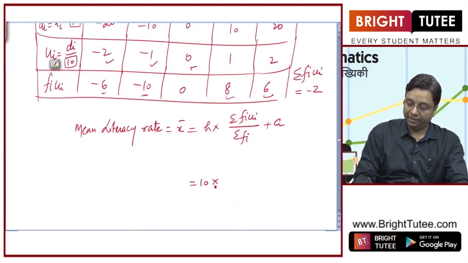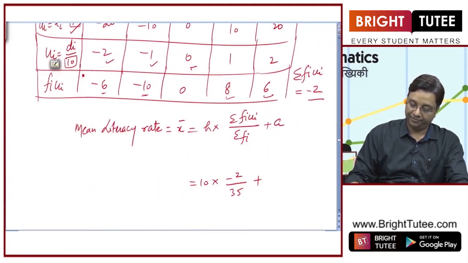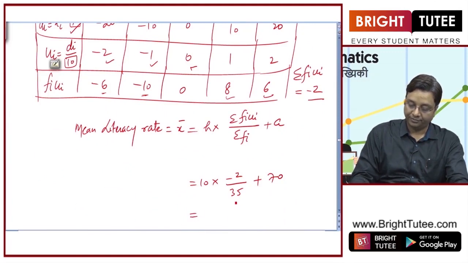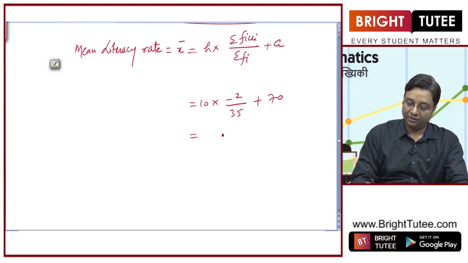So 10 into minus 2 divided by 35 plus 70, right? So this is 5 2s are 10, 7s are minus 4 by 7 plus 70, right?